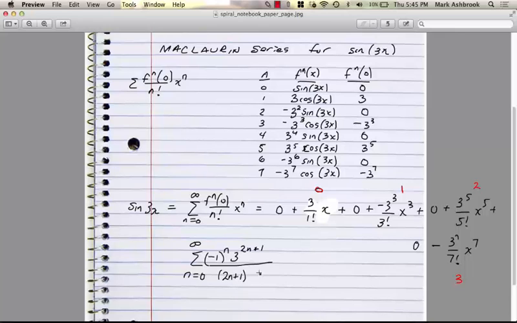We want that same value factorial, 2n plus 1: 1, 3, 5, 7. And then we want x to the same value, 2n plus 1. By writing it this way, every n value is significant. There are no 0 terms. n equals 0 gives us that, n equals 1 gives us that, n equals 2 gives us that, n equals 3 gives us that. So this is the power series centered at 0 for sine of 3x.